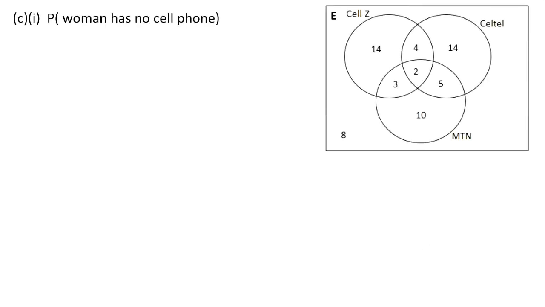What is the probability that when you pick a woman, that woman has no cell phone? Probability is where you look at all the possible outcomes, which is 60, and what is the likelihood of picking a woman with no SIM card? So we have 8 over 60.